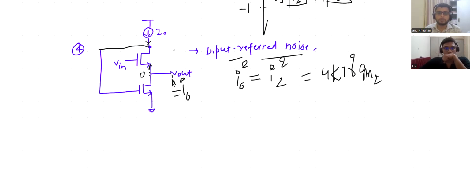Because you want to calculate the gain, I don't have a path. So this is my R out resistance. This is around GM 1, R out 1. So this is GM V in 1.